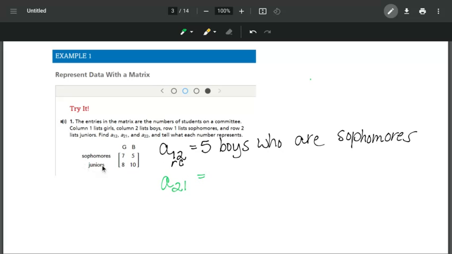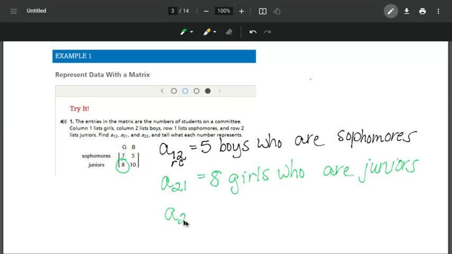That means I need to go to the second row, the first column. That would be the number 8. And that's 8 girls who are juniors. And then finally, A22 is going to be second row, second column, the number 10. 10 boys who are juniors.